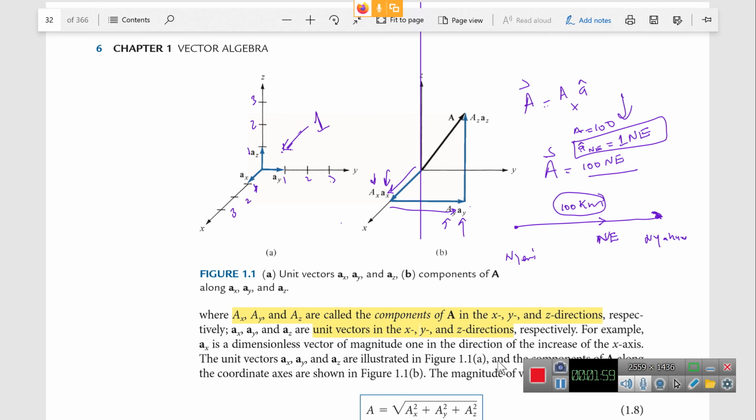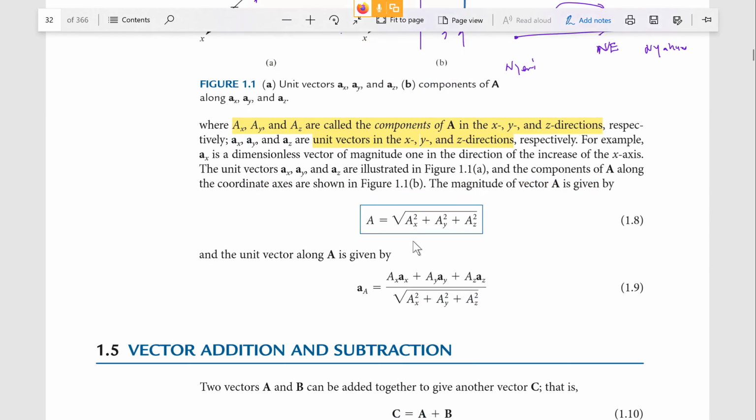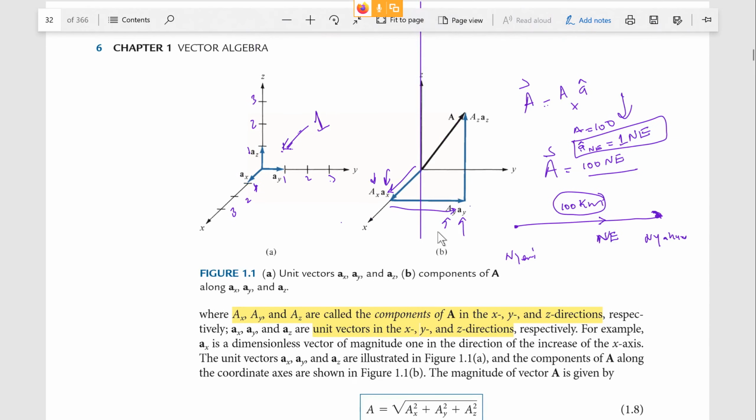Okay, so moving on, we can now see how we calculate the magnitude of a vector. Assume we wanted to describe this direction from Nyeri to Nyahururu using a vector, and it is like going northeast. North might be x, east might be y, and going up might be z, like the altitude.